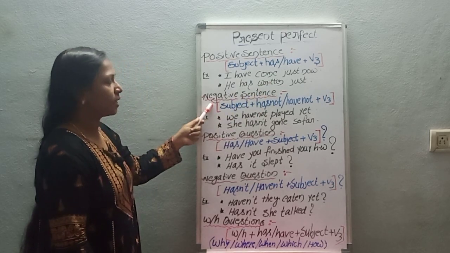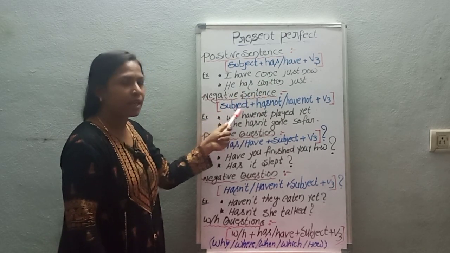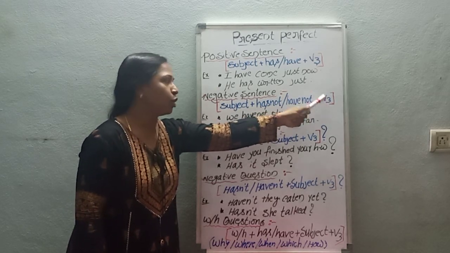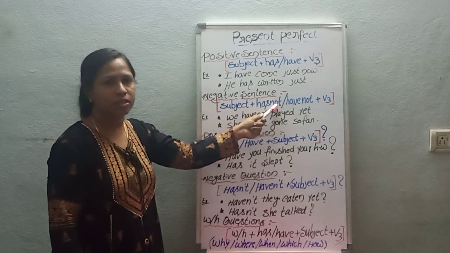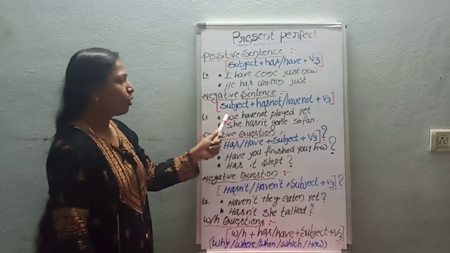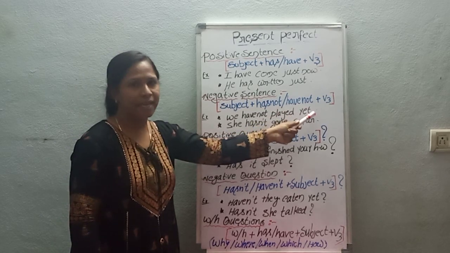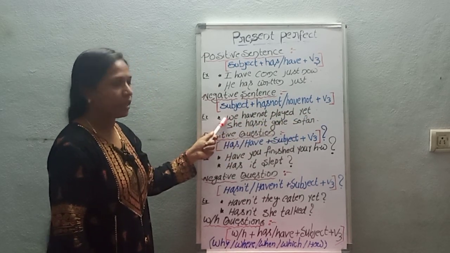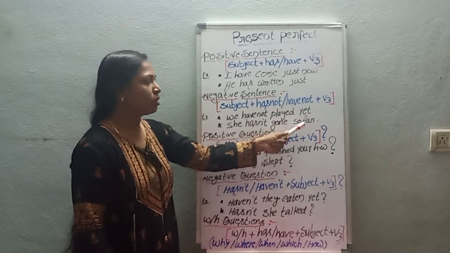In a negative sentence, the structure is subject, has not or have not, and the third form of the verb. Negative means not: have not or has not. The examples are: we have not played yet. Here I used have not for we. She has not gone so far.